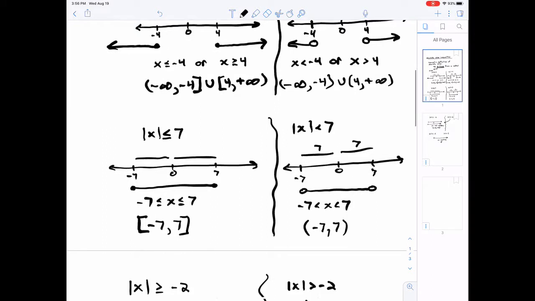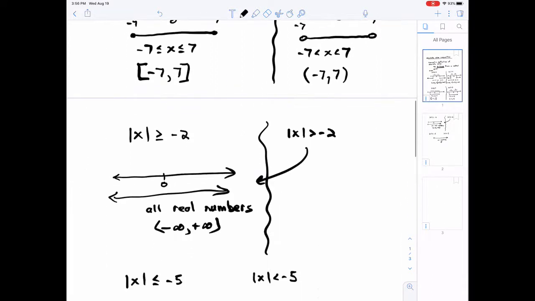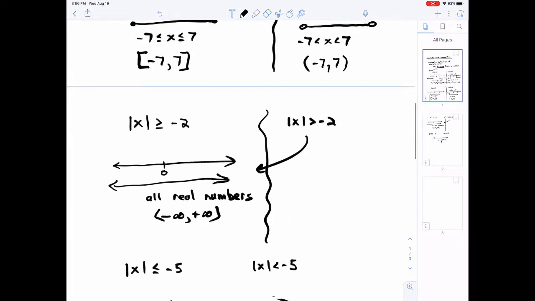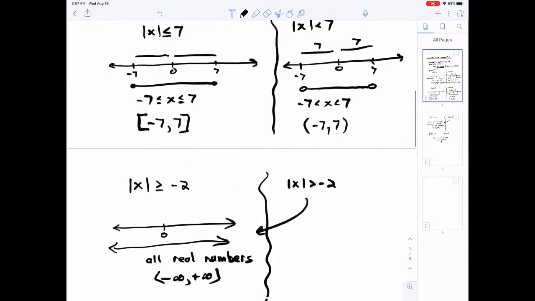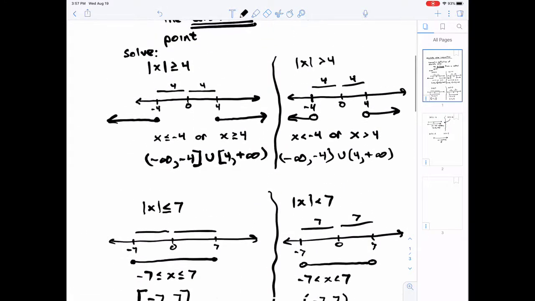The next problem, the distance is less than or equal to 7. The next one, the distance is greater than or equal to -2, which every distance is. The last one, the distance is less than or equal to -5, which it can't be. It's virtually impossible. So here, again, what are we doing on all these? We're finding all the values that make the statement true.